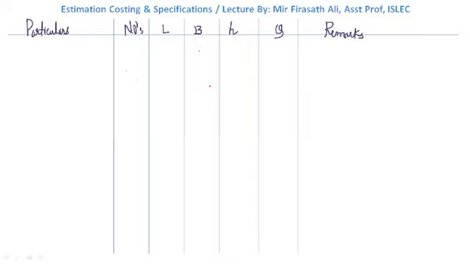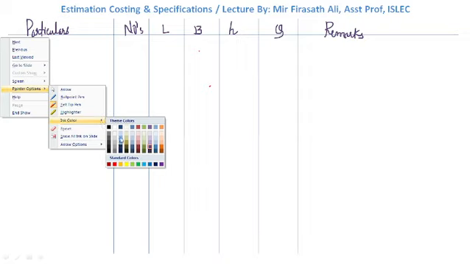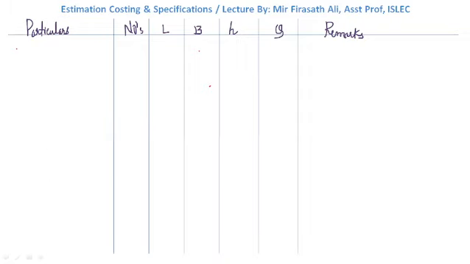Okay, so now what we will do? We calculated earthwork; what were we calculating? Brickwork. The third point was brickwork in foundation and plinth.